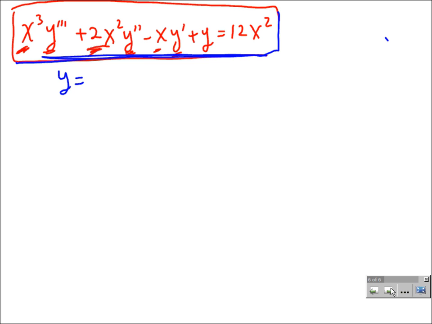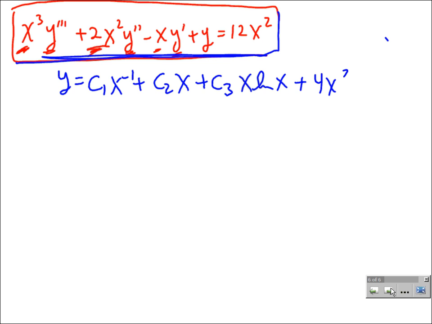You are told that y is some multiple of x to the negative 1 plus some multiple of x, any multiple, plus some multiple of x ln of x, plus 4x squared. Now, if this really is the solution, then there's infinitely many solutions.